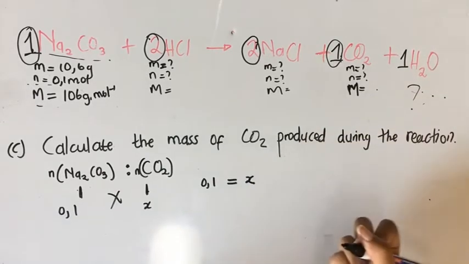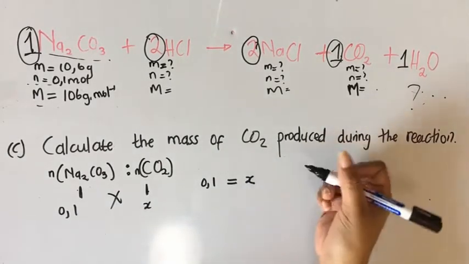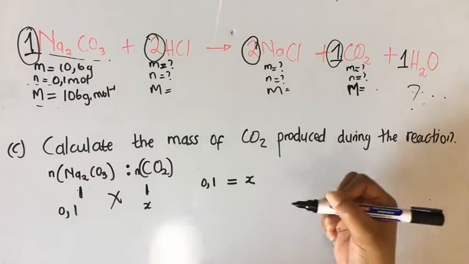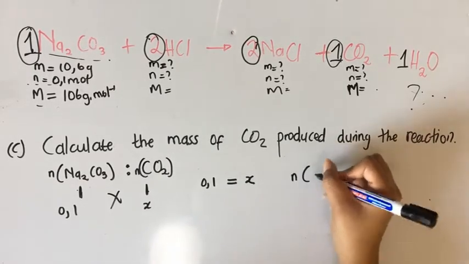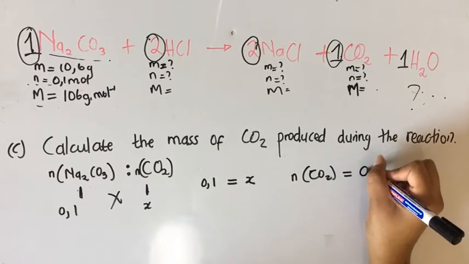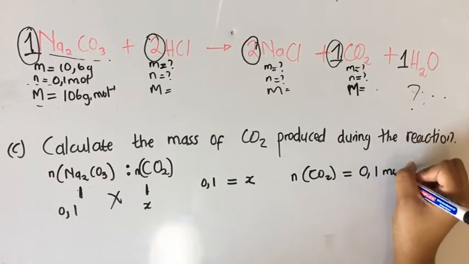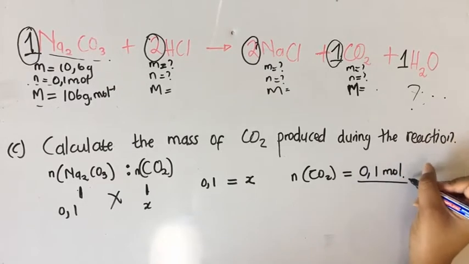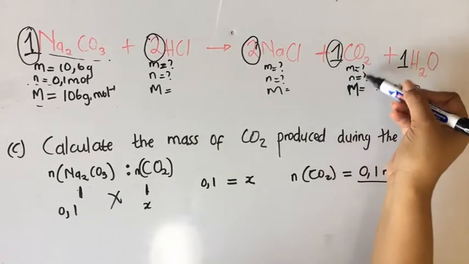Alright. Now, x is the number of moles of carbon dioxide. Number of moles of carbon dioxide is equal to 0.1 mole.